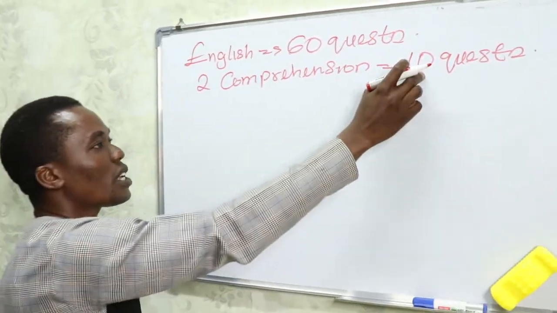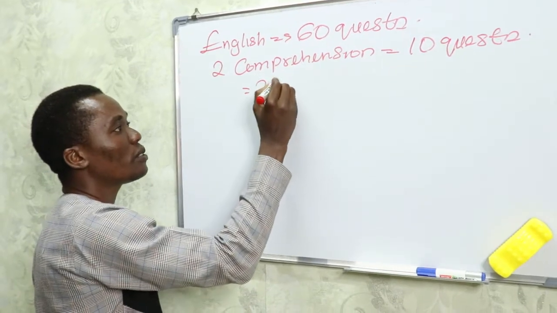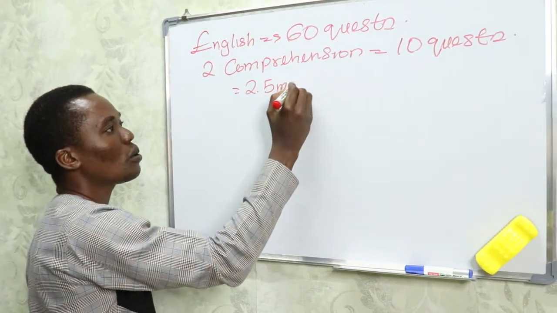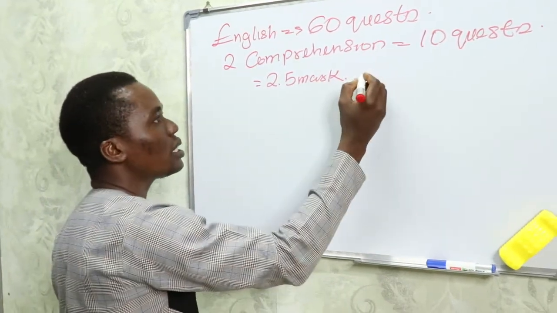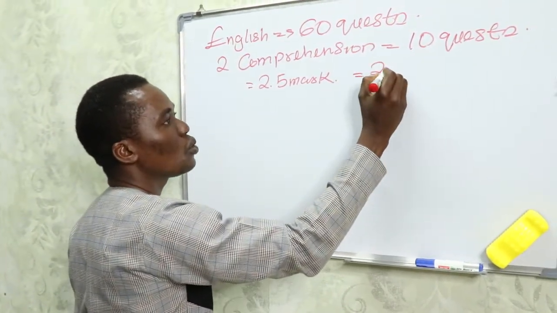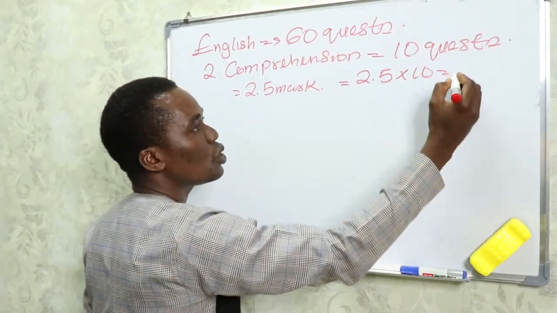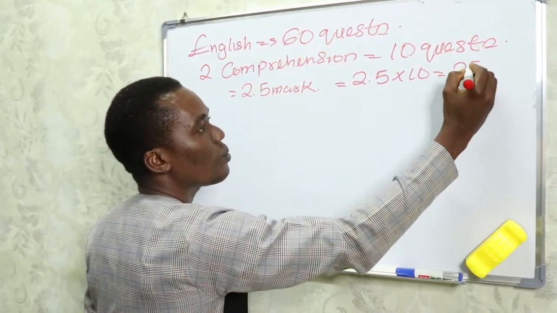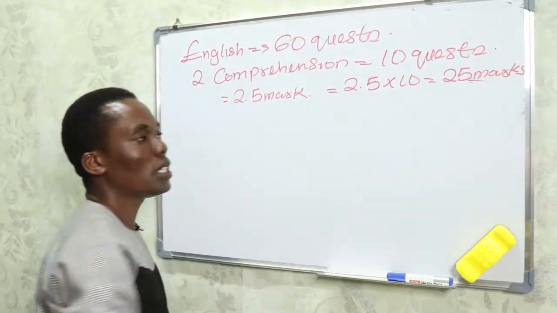So if you remove 10 here, each of these comprehension questions carries 2.5 marks. That is great. If you calculate this, 2.5 times the 10 questions, you should be looking at 25 marks from the comprehension passages.